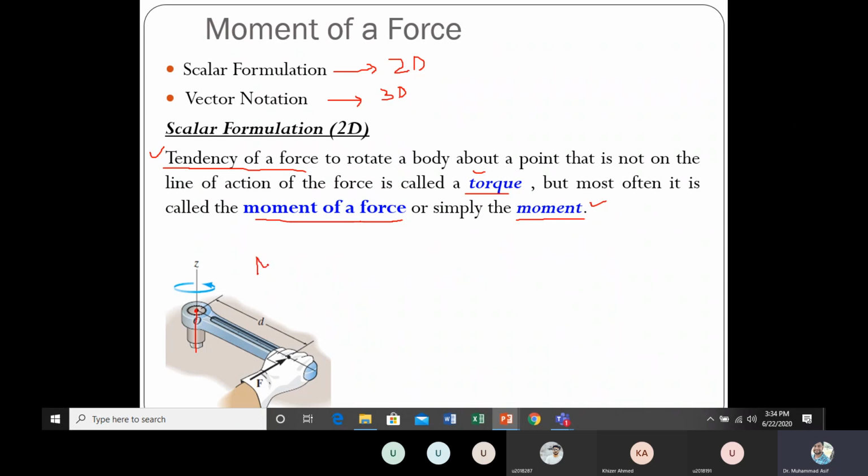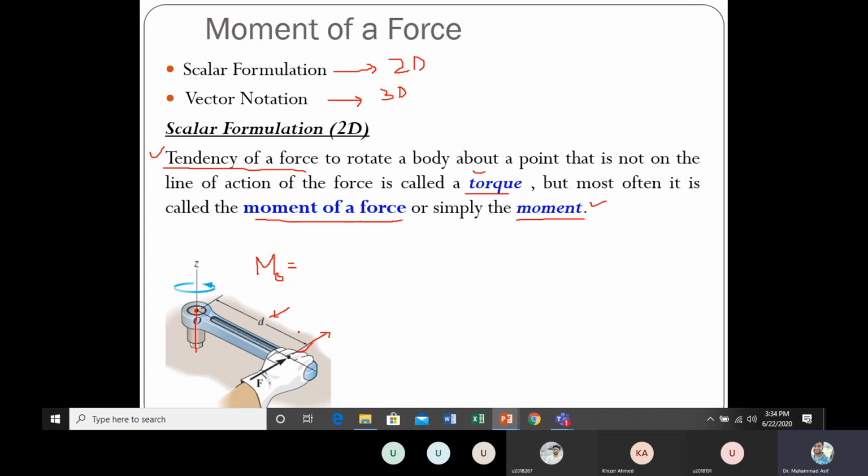The moment of this force is represented with capital M, and when we write it as M_O, that means the moment of this force about the point O. This D is called the moment arm. The moment arm is the perpendicular distance between the point of application and the line of action of that force.